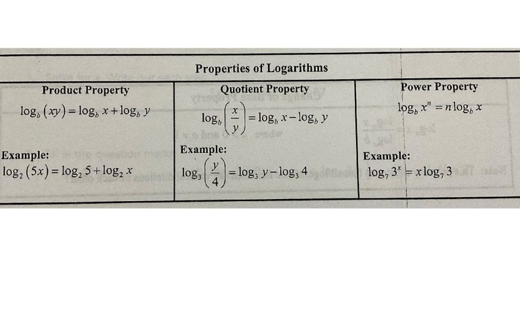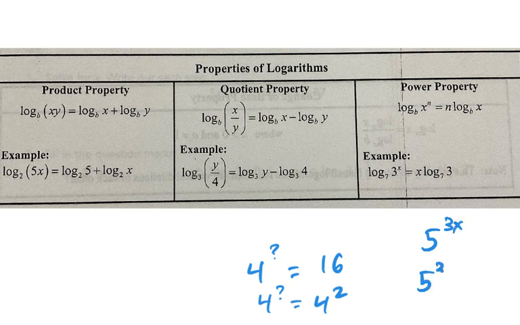We did things like this, right? 4 to what power equals 16? And then I showed you that you could rewrite this as 4 to the second. If I have 5 to the 3x, we could write that as 5 to the third to the x.